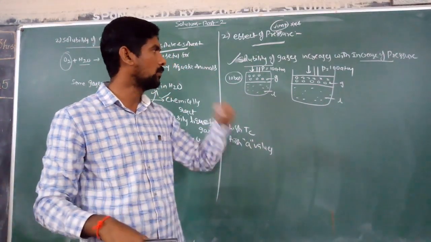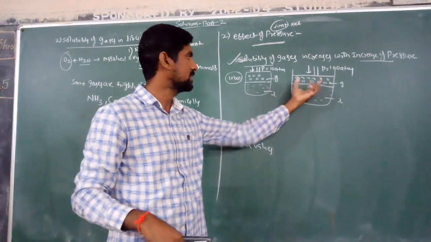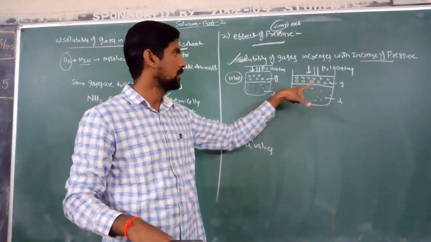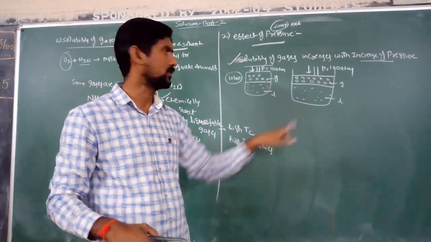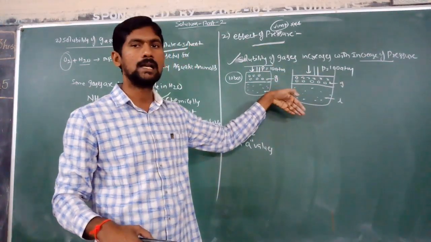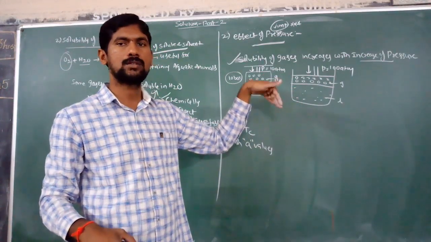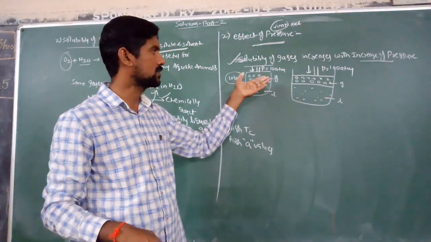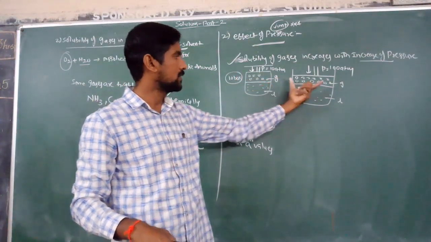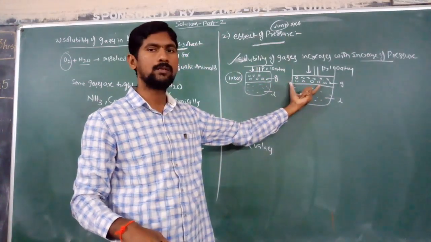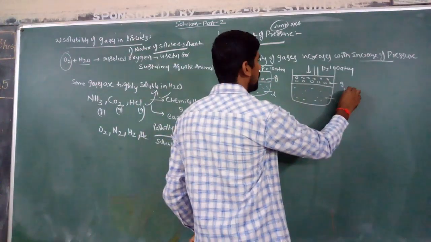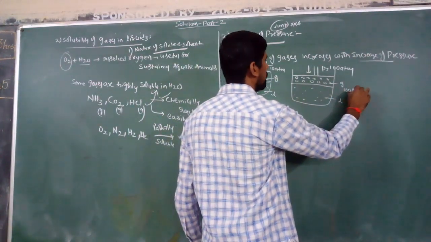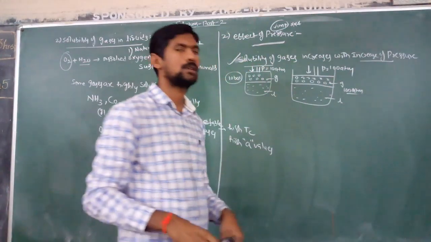If you apply more pressure, most of the gaseous molecules collide with the surface of the liquid phase and go into the solution, and the dissolution also increases. So at 100 atmosphere, more gaseous molecules are dissolved.